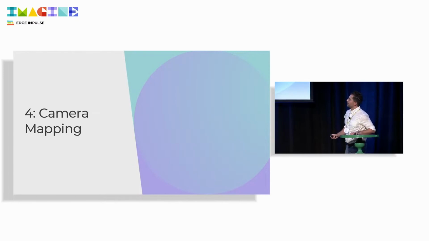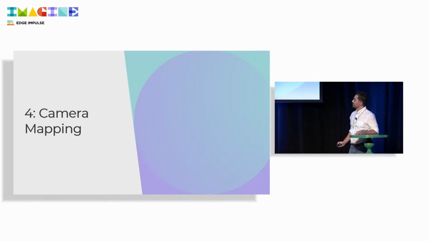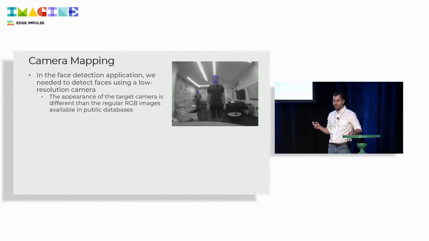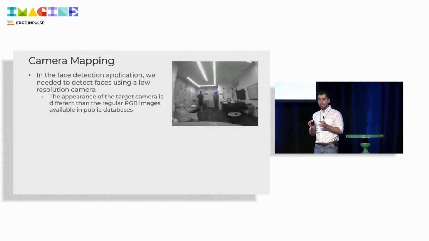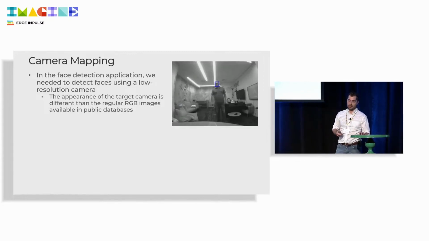All right, so the final approach that I'm going to talk about is called camera mapping. Here in the face detection application, we needed to detect faces using a low resolution camera. The appearance of this target camera is different from the regular RGB images that you find in public databases.